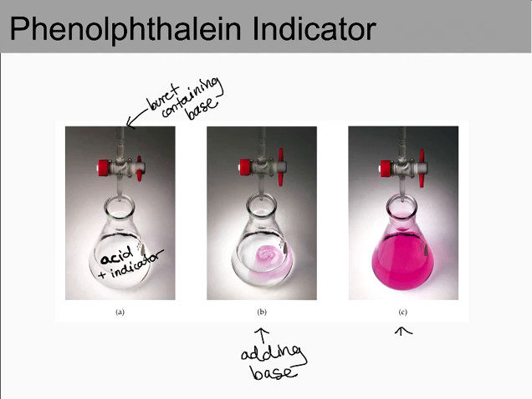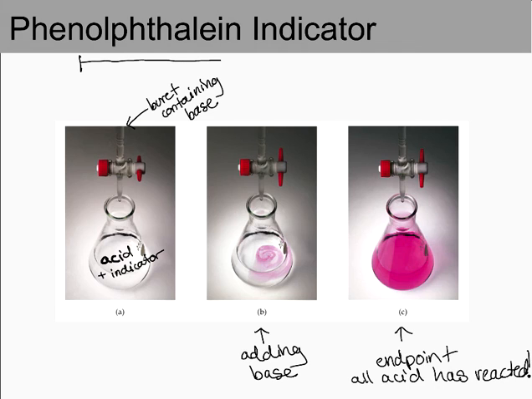When that occurs, that is the end point. That means that all acid has reacted. So phenolphthalein is a super useful indicator because it is clear under acidic conditions and then pink under basic conditions.